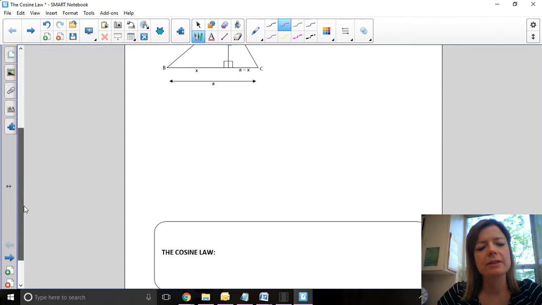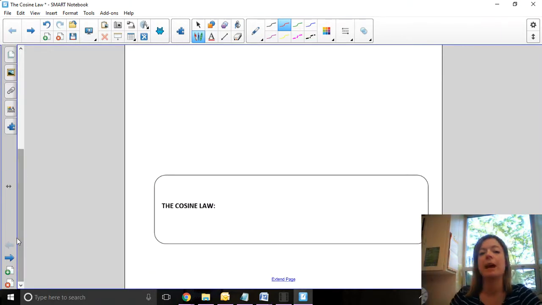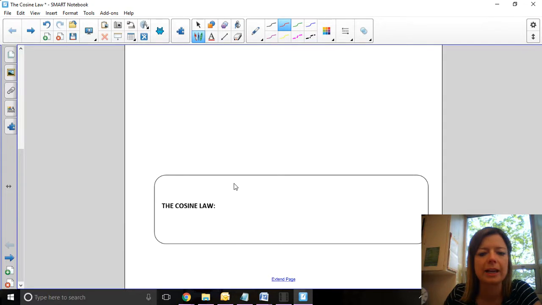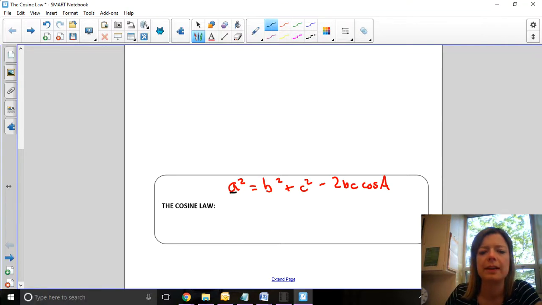Let me first tell you what the cosine law is, and then we'll go back up and I will show you where it came from. We can write the cosine law, there's three different ways to write it. One is A squared, the side length A, equals B squared plus C squared minus 2BC cos A, big A. Notice that the side length on this side of the equal sign is the same as the angle on this side.